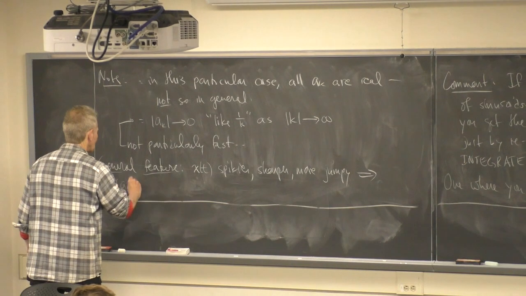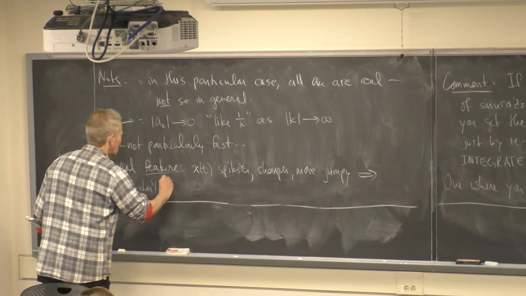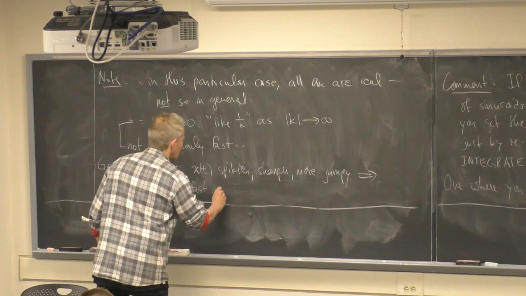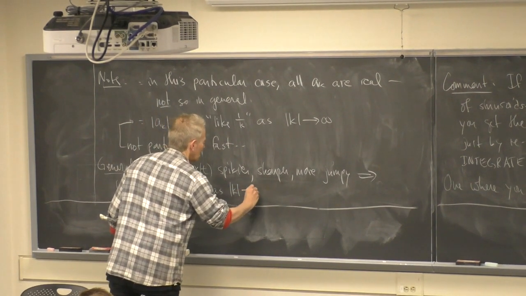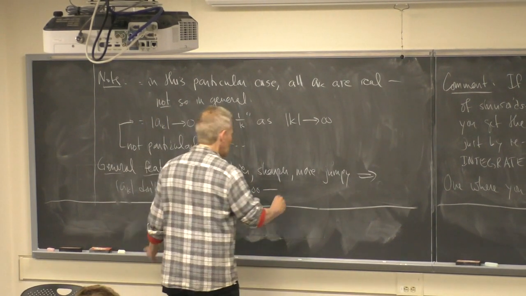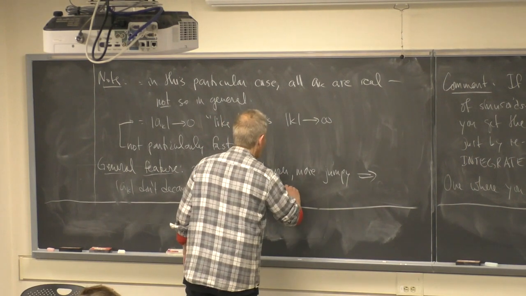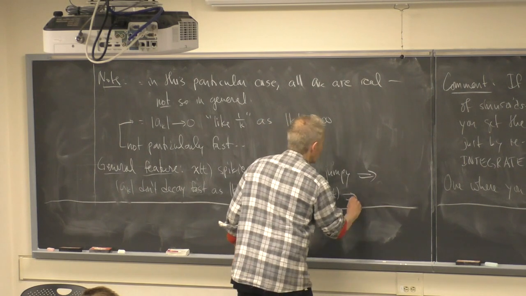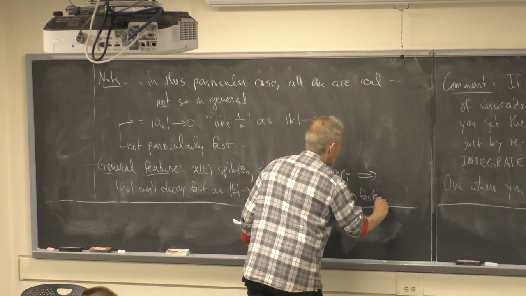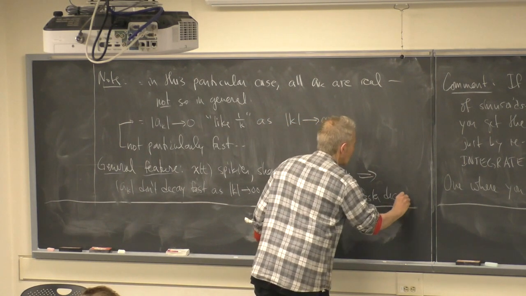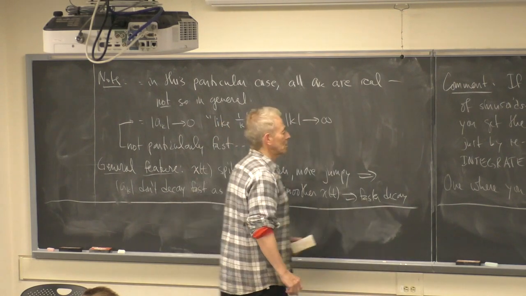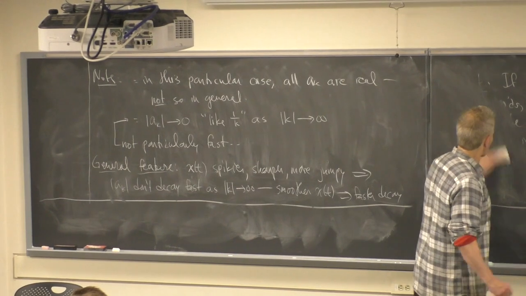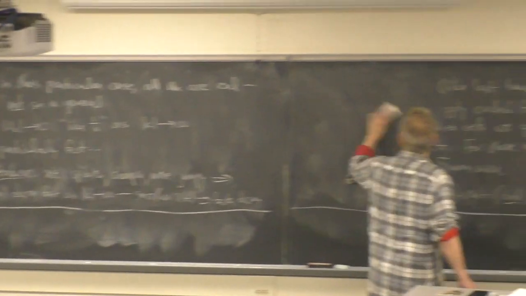The AKs don't decay fast as k goes to infinity. And the smoother x of t is, the faster the decay. You're going to do this, I think, on the homework, or maybe they do it in the book, I forget.